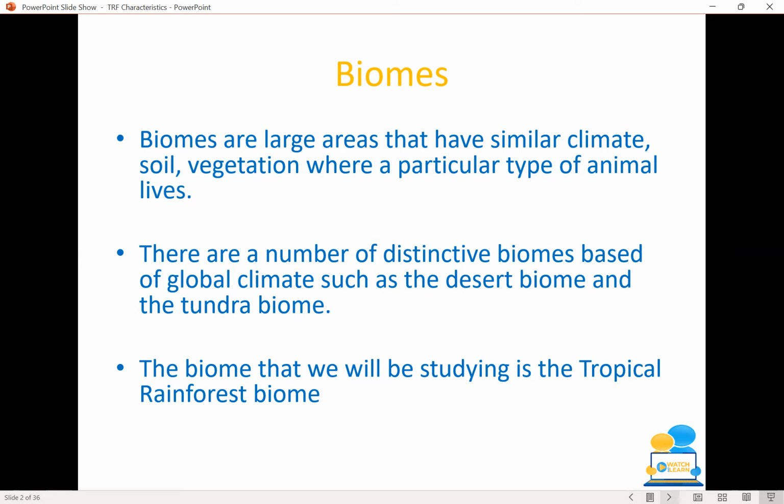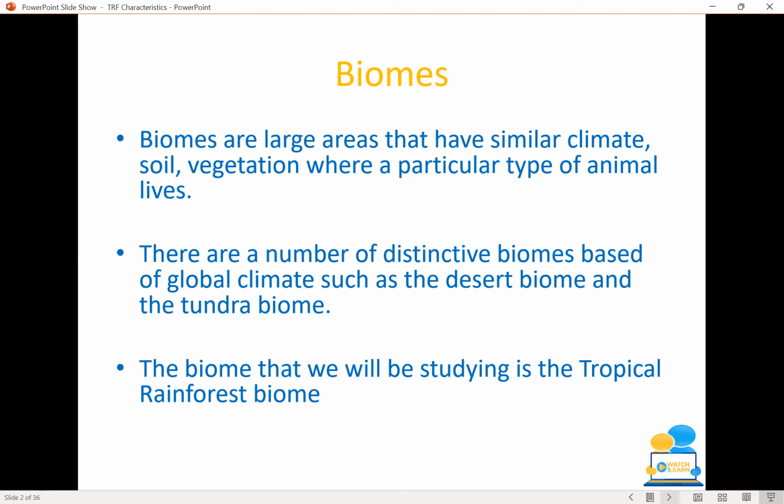The reason we choose the tropical rainforest biome is that it has the most to talk about. It has a huge amount of different types of vegetation and different types of animals. So flora and fauna are hugely plentiful in the tropical rainforest biome, and there's a huge amount for us to discuss. We're going to jump into this in a lot more detail and discover where we find tropical rainforests and what we find in them.